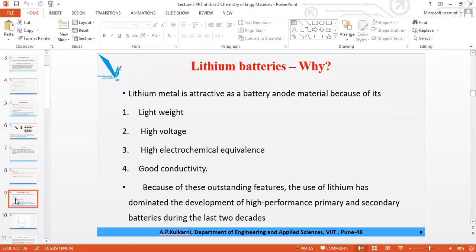So these are the four properties: light in weight, high voltage of the order of 4 volts as compared to other cells which give 1.4 or 1.5, high electrochemical equivalence and good conductivity. Because of this, lithium has dominated the development of high performance primary and secondary batteries during the last 2 decades.